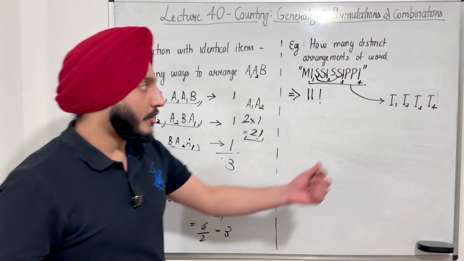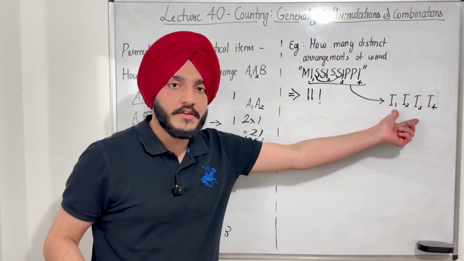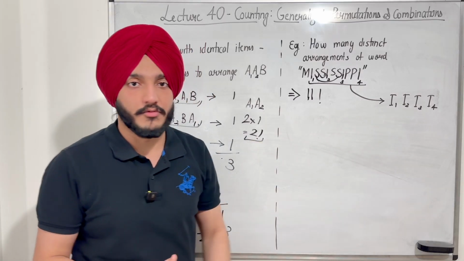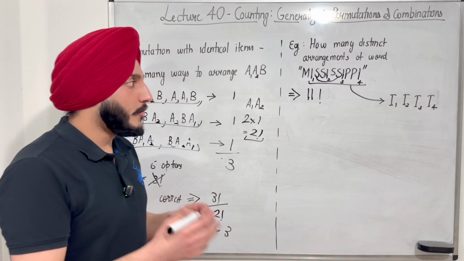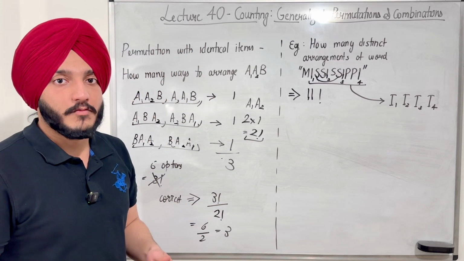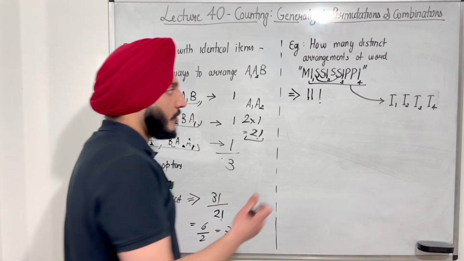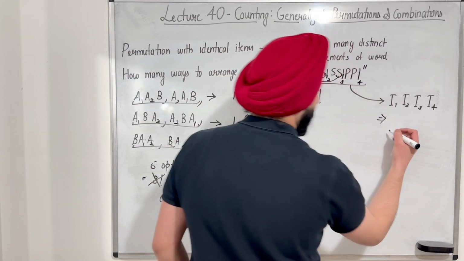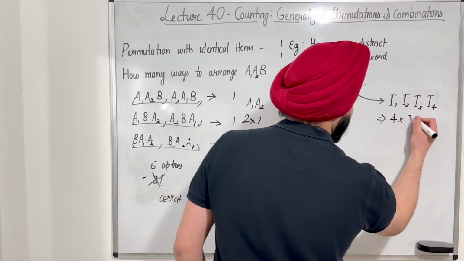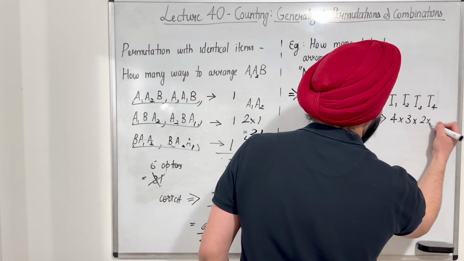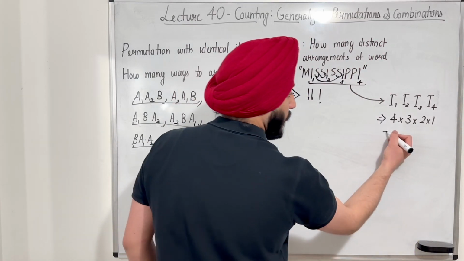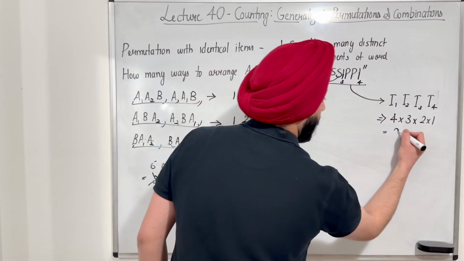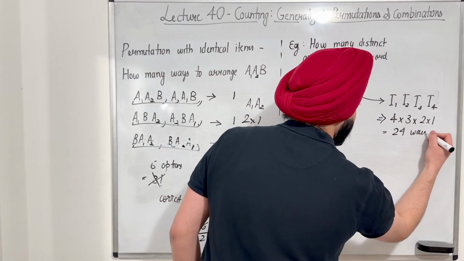Let me ask you this question: I say there are 4 distinct characters, I1, I2, I3, I4. How many different ways can you arrange them without repetition? The answer would simply be 4 for the first one, 3 for the second, 2 for the third, and 1 for the fourth. This is equal to 4 times 3 times 2 times 1, which is 24 ways.